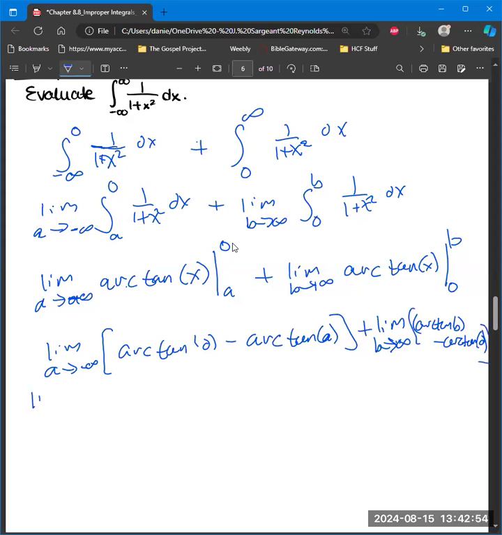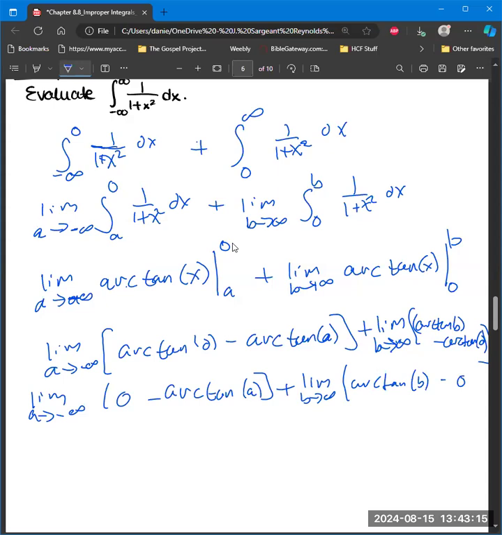So this is the limit as a goes to negative infinity of 0 minus arctan of a, plus the limit as b goes to infinity of arctan of b minus 0.